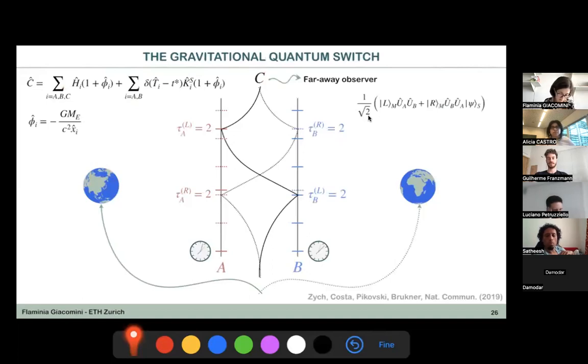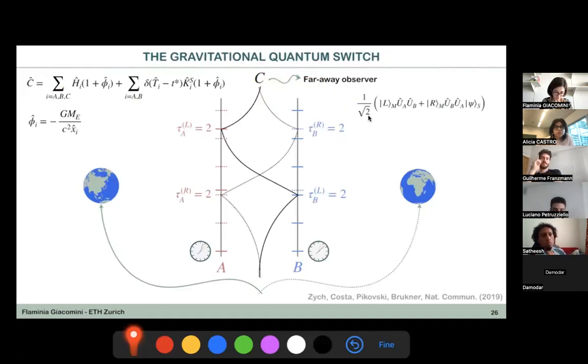And since I have some gravitational field here, I also need to include a time dilation factor. So that's it. That's all I need to do. Now I can take the perspective of either clock A or clock B simply by conditioning on the time as measured by clock A or by clock B. Or also clock C, by the way, because it's also meaningful to do it from the perspective of the faraway observer.